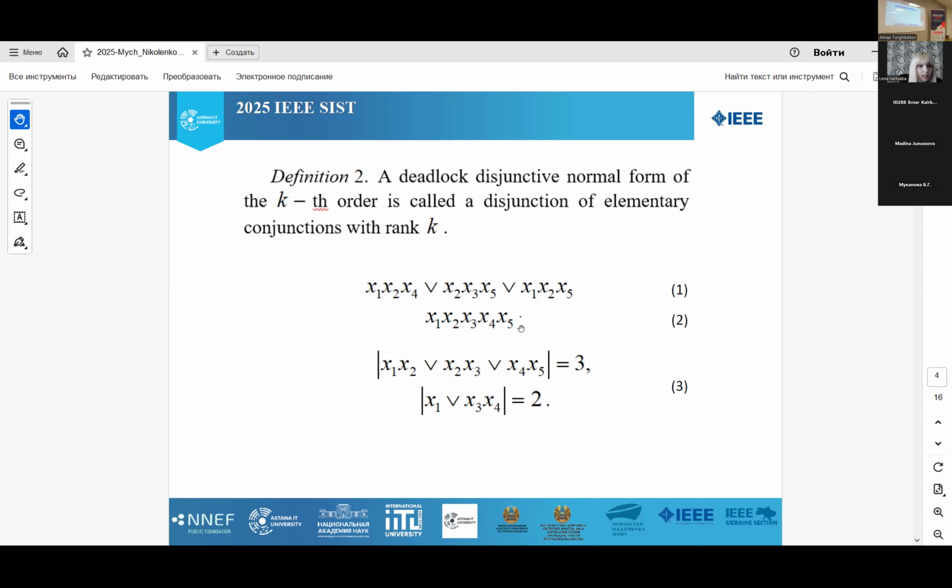The cardinality of a deadlocked disjunctive normal form is equal to the number of disjuncts of the disjunctive normal form. For example, for the deadlocked disjunctive normal forms by 3, the cardinalities equal 3 and 2.